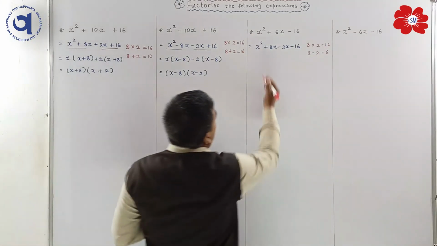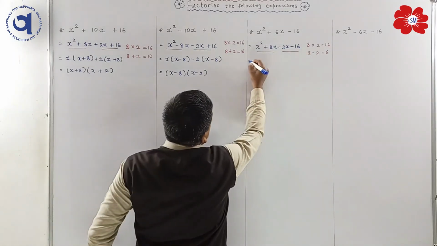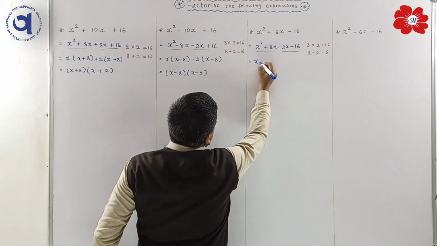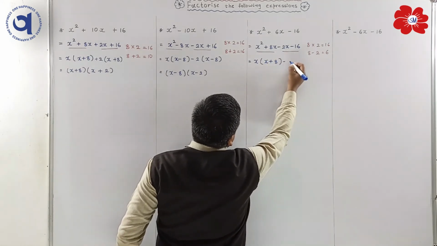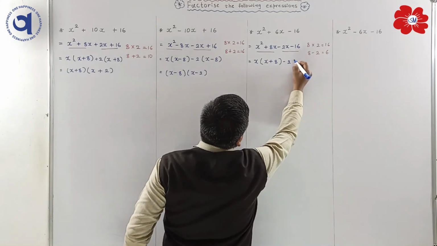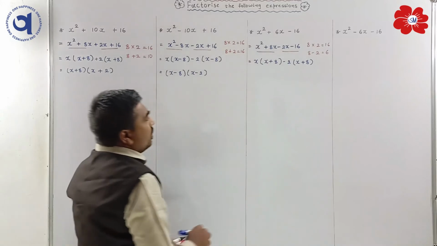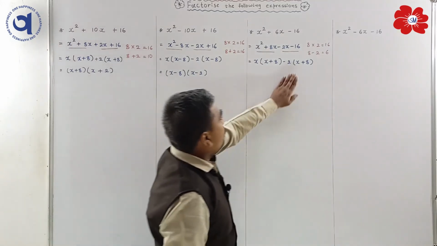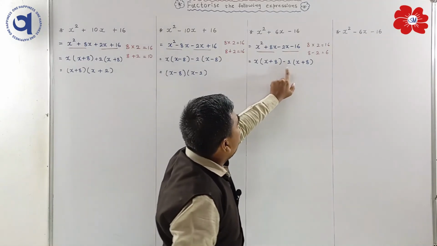We divide into two parts. Here we take x common, so in the bracket we can write x plus 8, and here we are taking minus 2 common.